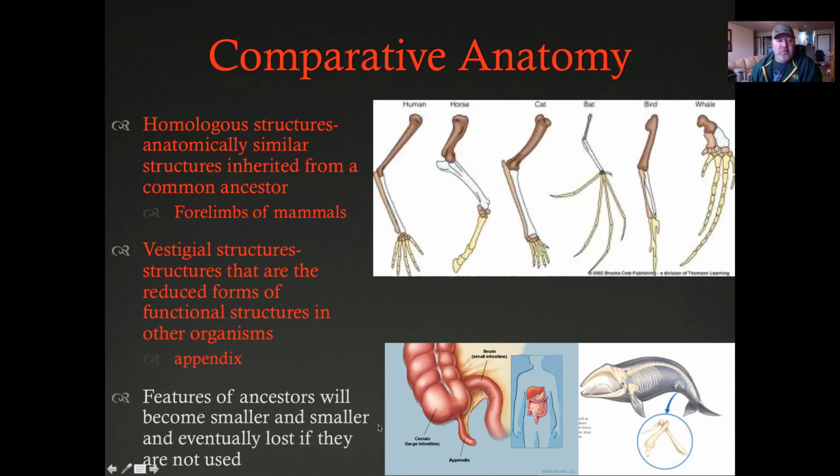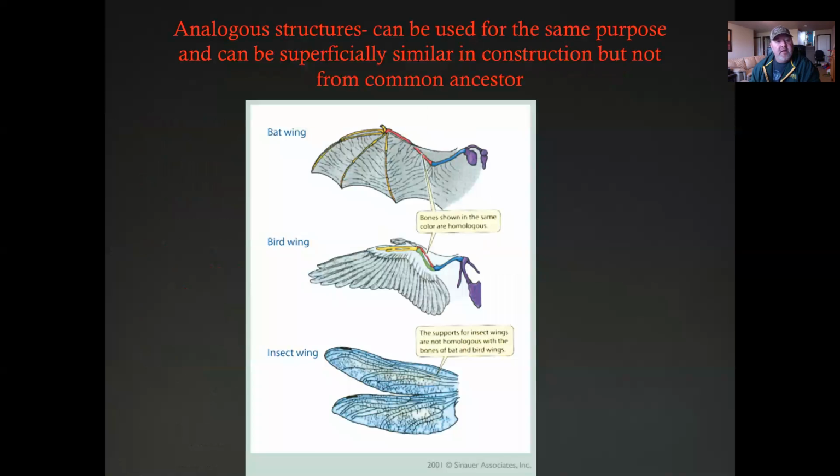The whale pelvis is really, really small, which makes sense because they don't need it, right? But they must have evolved from a common ancestor that at one point needed it. So if those structures aren't needed, they tend to become smaller and smaller. Eventually, they may be lost if they're not used.